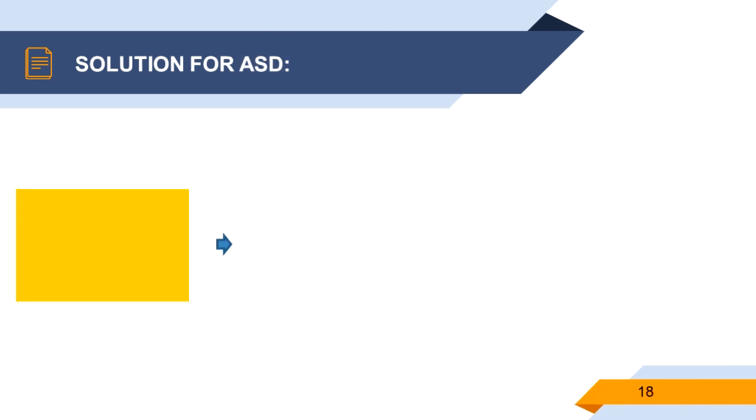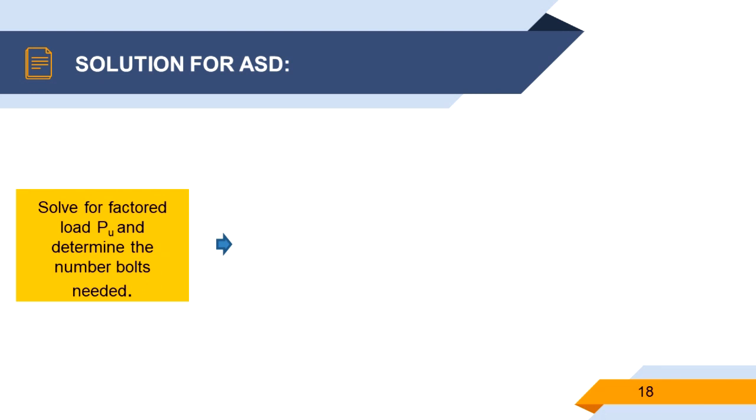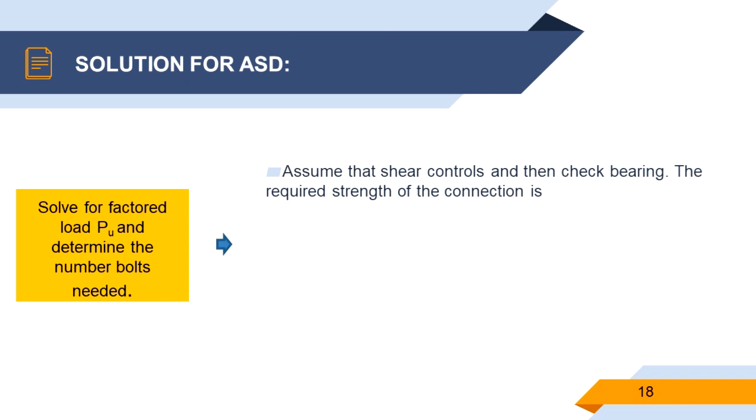Solution for ASD. Solve for the required load Pa and determine the number of bolts needed. Assume that shear controls and then check bearing. The required strength of the connection is Pa equal to D plus L, or the dead load plus live load, which is equal to 55 kips.